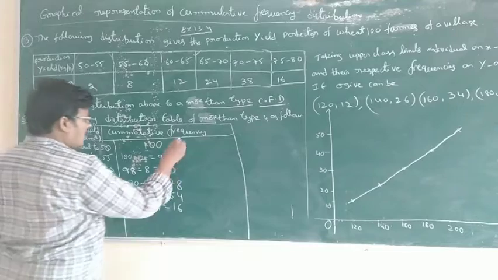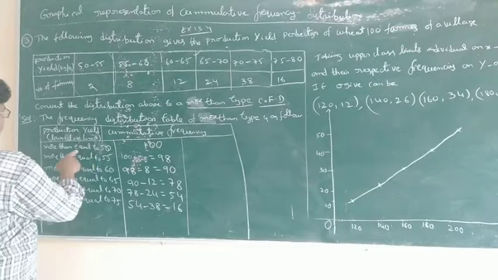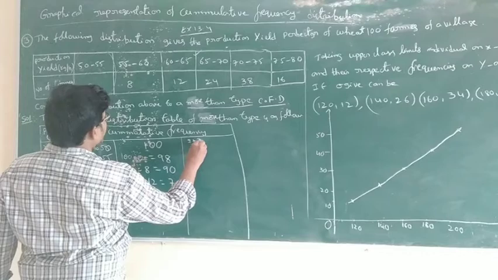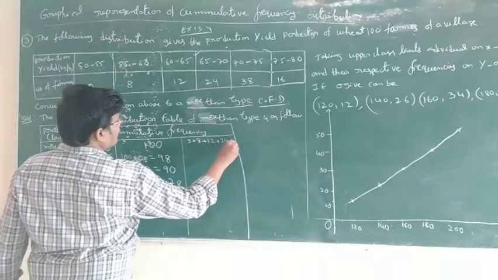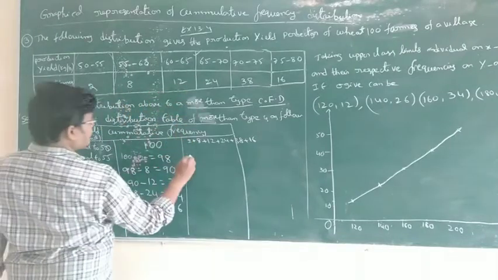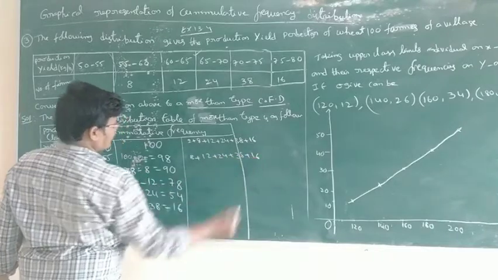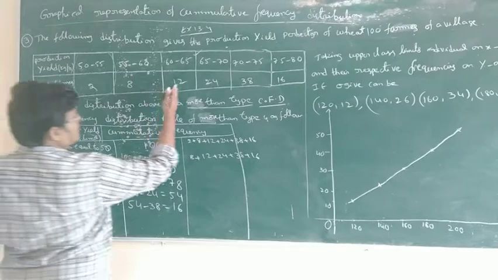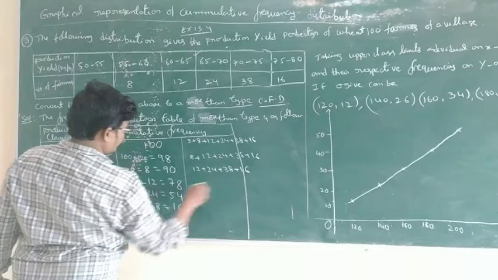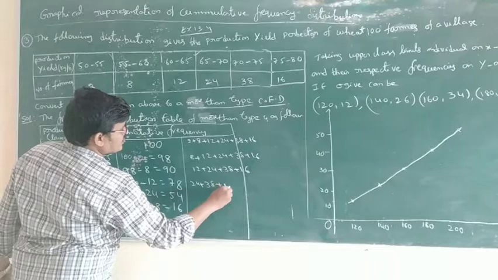Or simply, more than or equal to 50 is 2 plus 8 plus 12 plus 24 plus 38 plus 16. More than 55 is 8 plus 12 plus 24 plus 38 plus 16. More than 60 is 12 plus 24 plus 38 plus 16. More than 65 is 24 plus 38 plus 16.